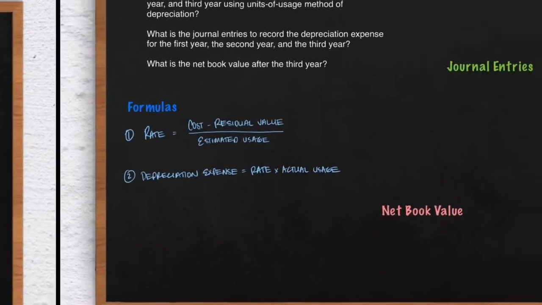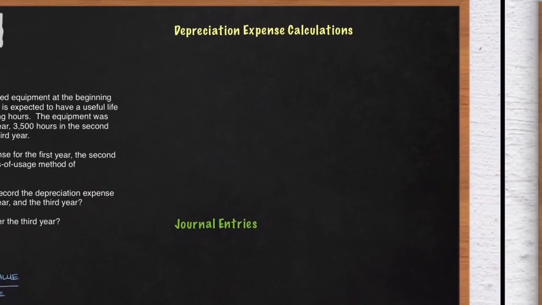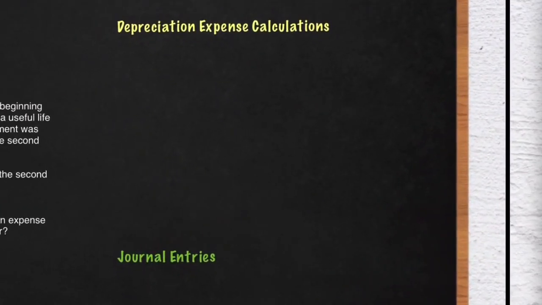All right, so now let's go over and calculate the depreciation expense for years 1, 2, and 3, knowing those first two steps. Remember, you're going to start out with the cost minus the residual value, which in this case is $410,000 minus $10,000.